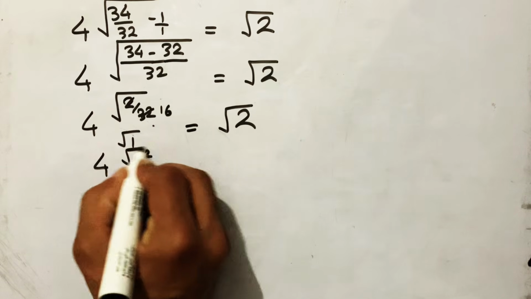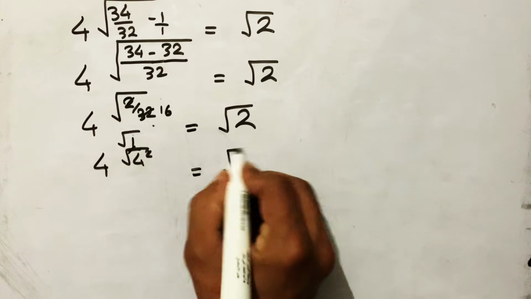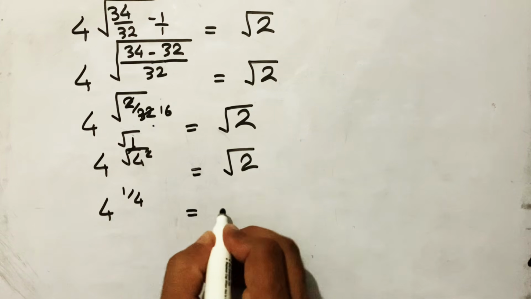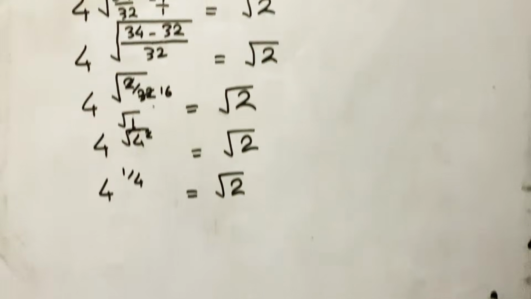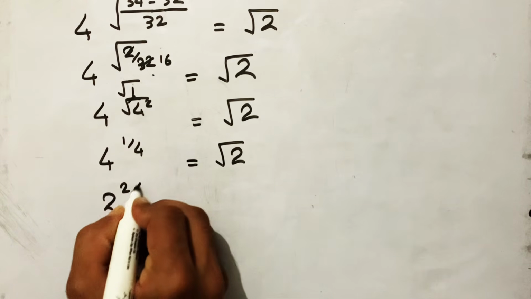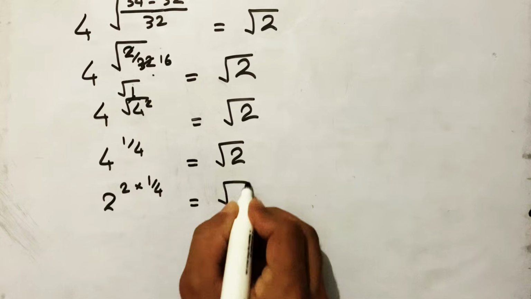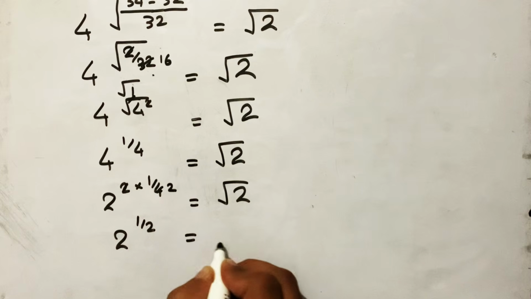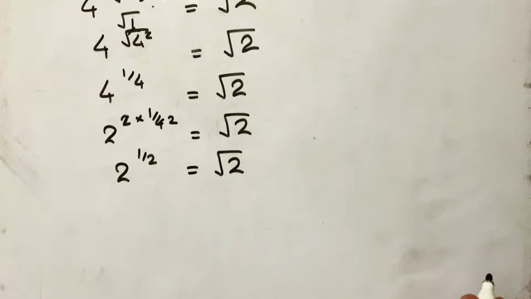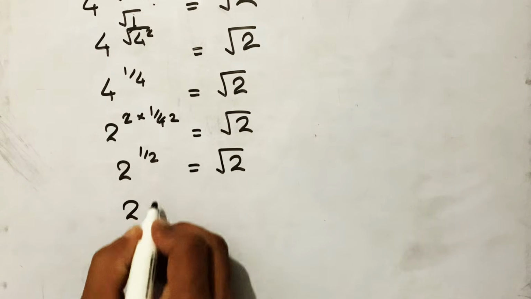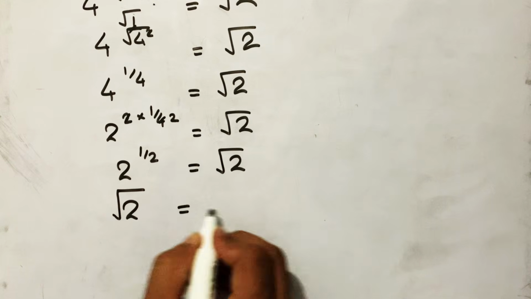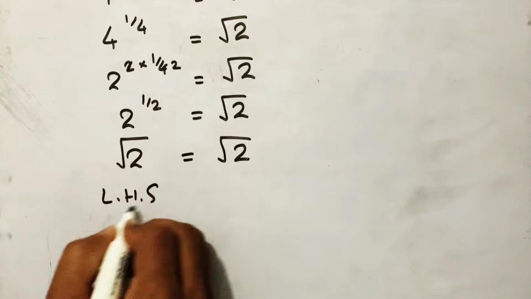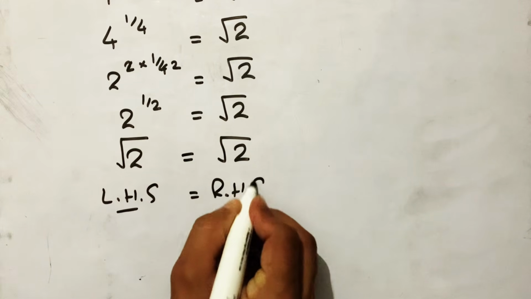Both sides squaring, remove their power: 4 to the power 1 by 4 is equal to square root of 2. 2 twos are 4, so this is the square root of 2, which is 2 to the power of 1 by 2. So the left hand side is equal to the right hand side.